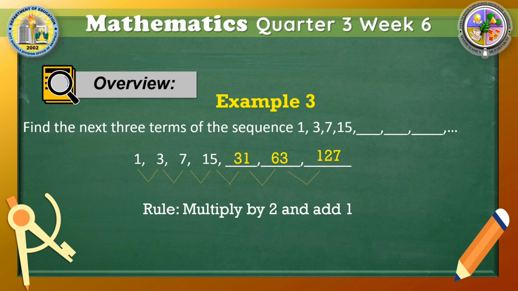Therefore, the next three terms of the sequence are 31, 63, and 127. The sequence is 1, 3, 7, 15, 31, 63, and 127.